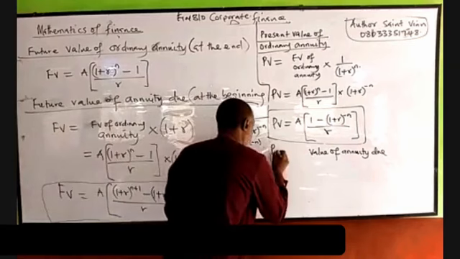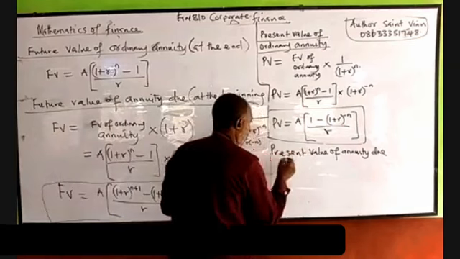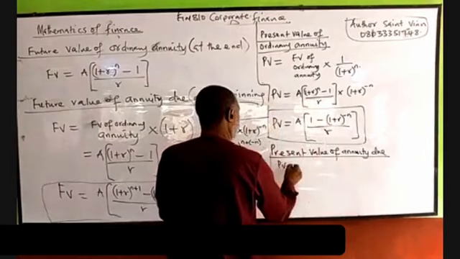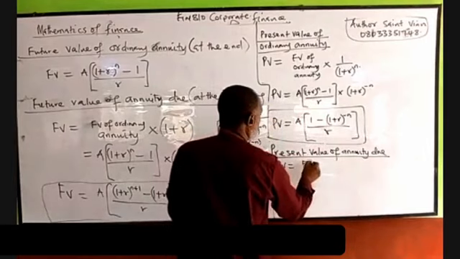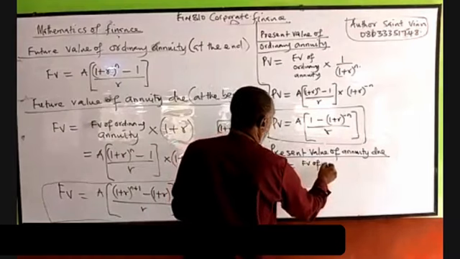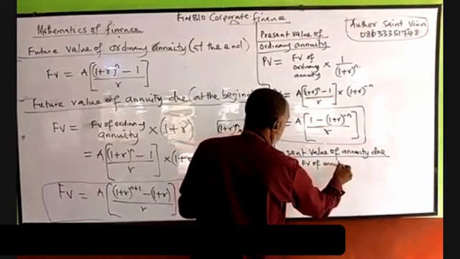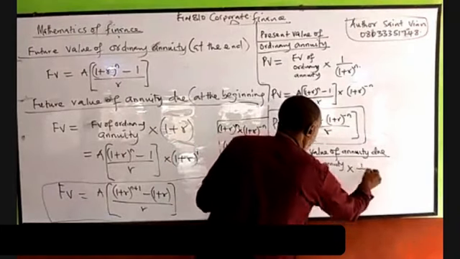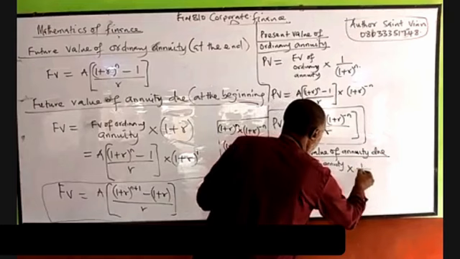For us to get the present value, it must be future value of annuity due times the discounting factor of it, as usual.